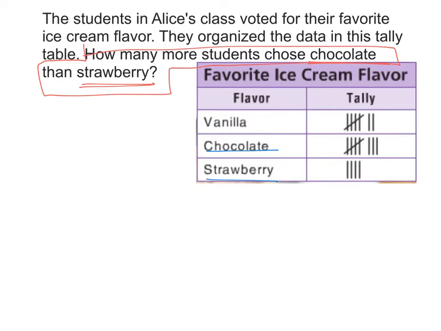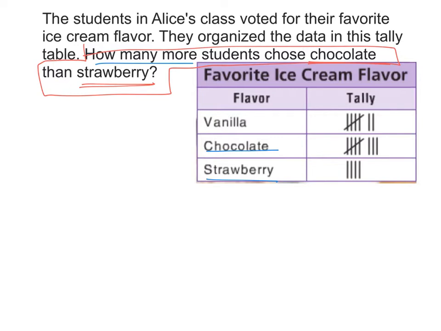Let's reread the problem. The students in Alice's class voted for their favorite ice cream flavor. They organized the data in this tally table. How many more students chose chocolate than strawberry?